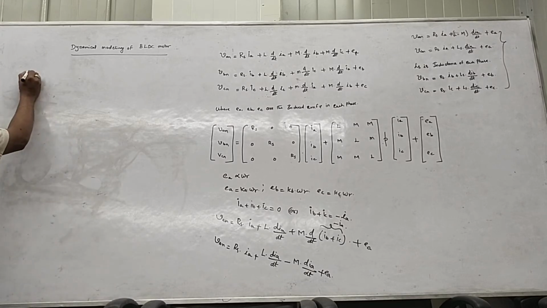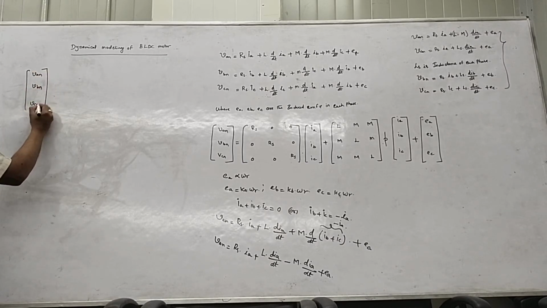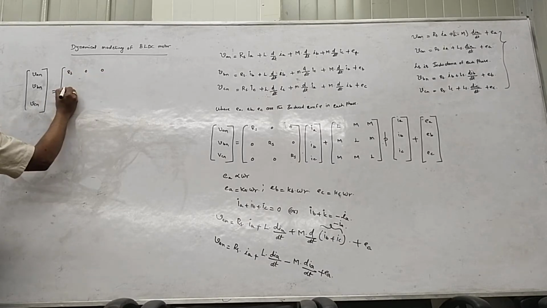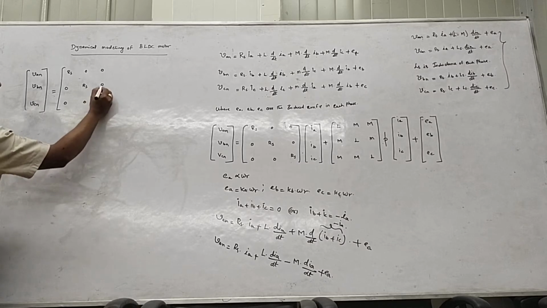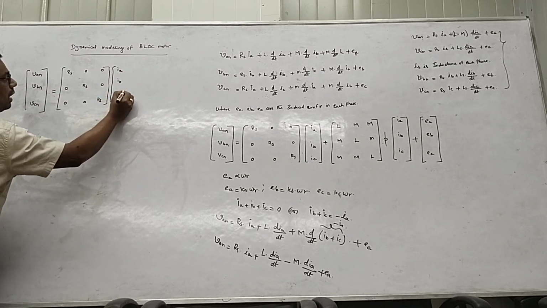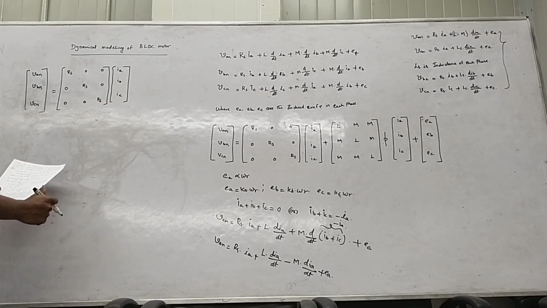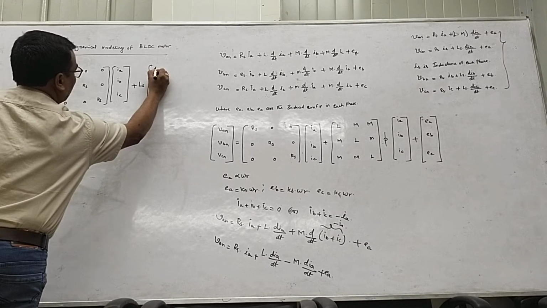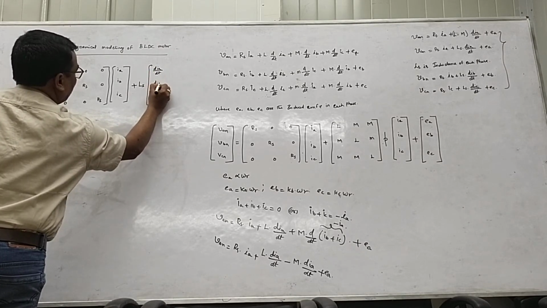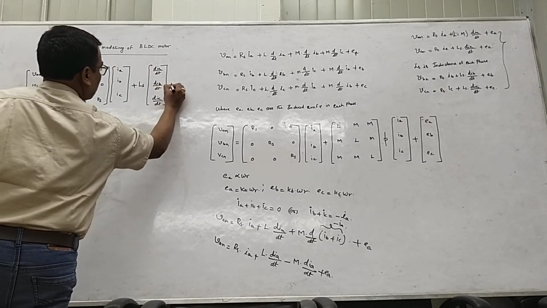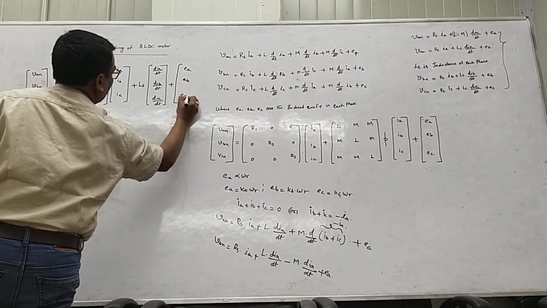If I simplify this, the applied phase voltages VAN, VBN and VCN are equal to the resistance matrix RS 0 0, 0 RS 0, 0 0 RS into the currents in that particular phase IA, IB and IC, plus LS, the inductance of each phase, into dIA by dt, dIB by dt and dIC by dt, plus the induced EMF of each phase EA, EB and EC.